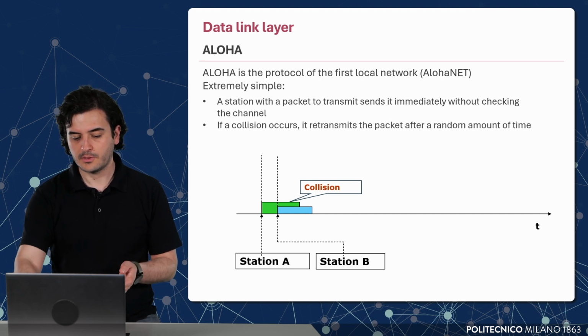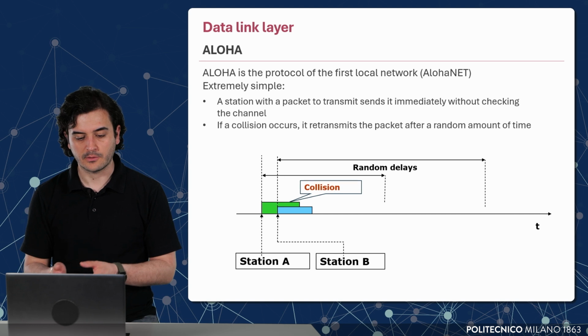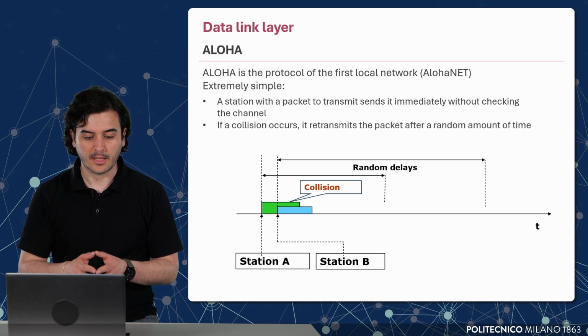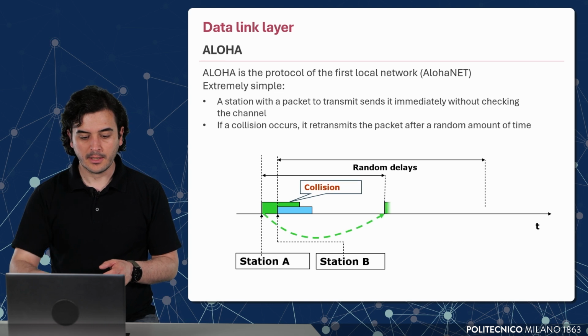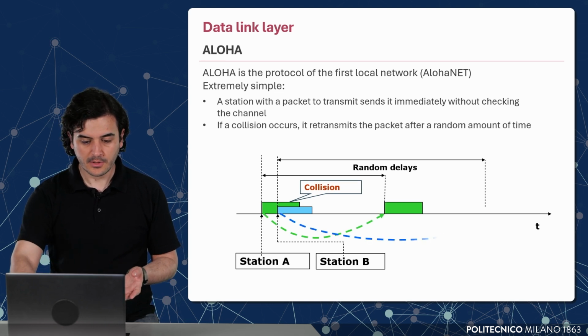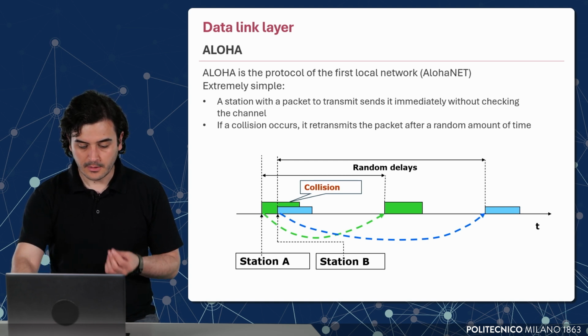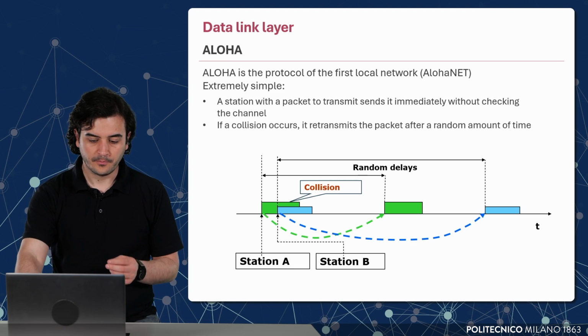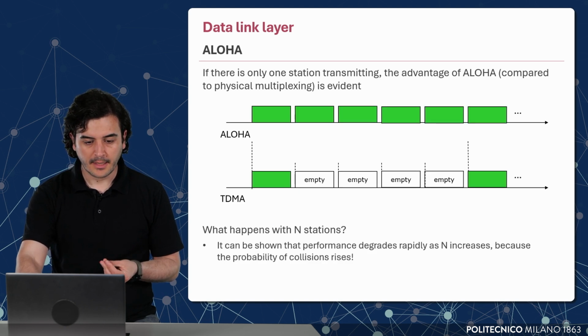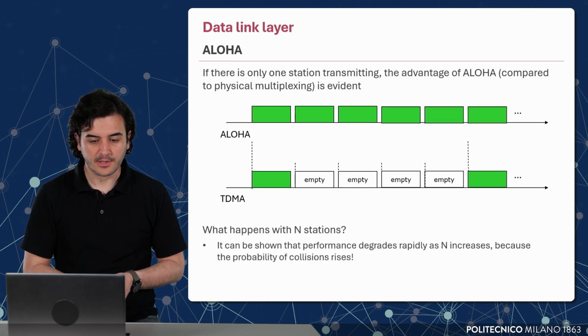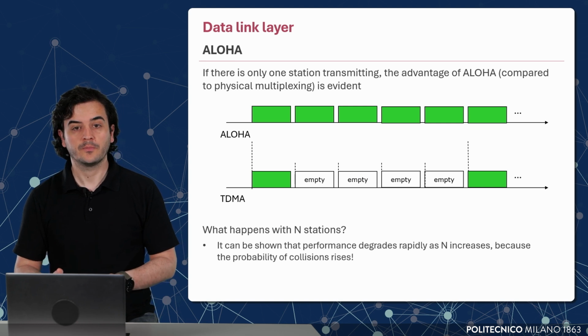So if station A waits for a random amount of time and station B waits for a random amount of time, then it is possible that each of these stations is able to transmit without having to deal with a collision.